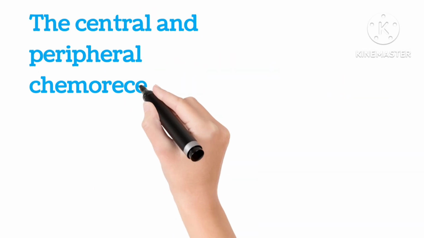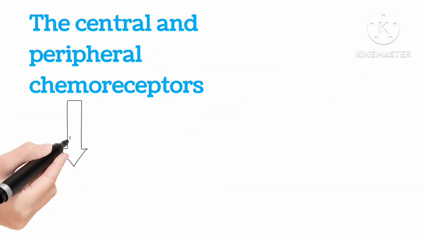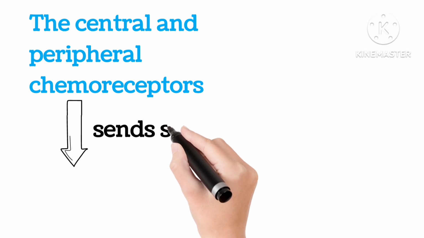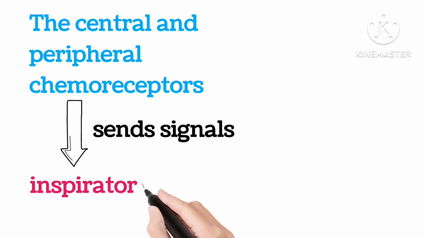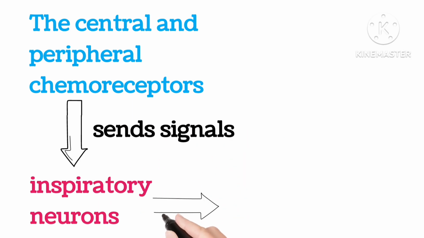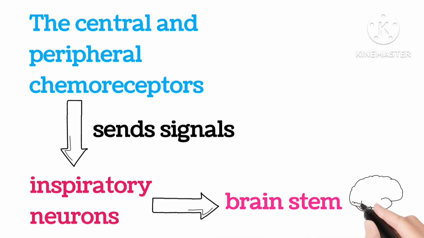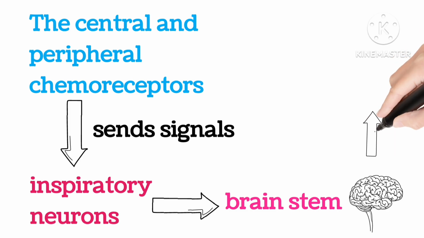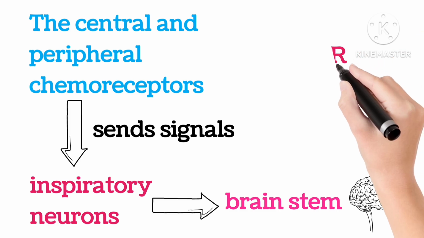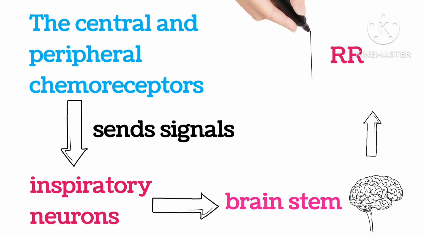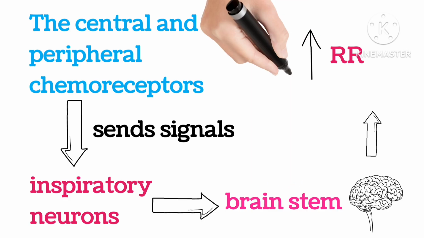In both these conditions, the central and peripheral chemoreceptors get stimulated, and this sends signals to the inspiratory neurons which are present in the brainstem. And what will it do? The brainstem, after getting the signal, will increase the respiratory rate of the body.